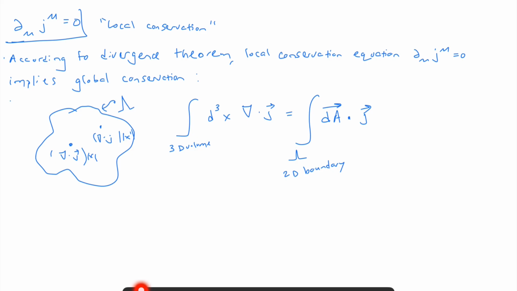Well, we know from the divergence theorem in multivariable calculus that if you took the 3-dimensional integral over d third x of the divergence, which is a scalar field, of this vector field j, and you integrate that over the inside of this entire volume of this surface, which I give this name over here, lambda, you get the exact same value as if you just looked at the very surface or the very boundary of this thing and ignored the inside and just created a normal to every one of these points.